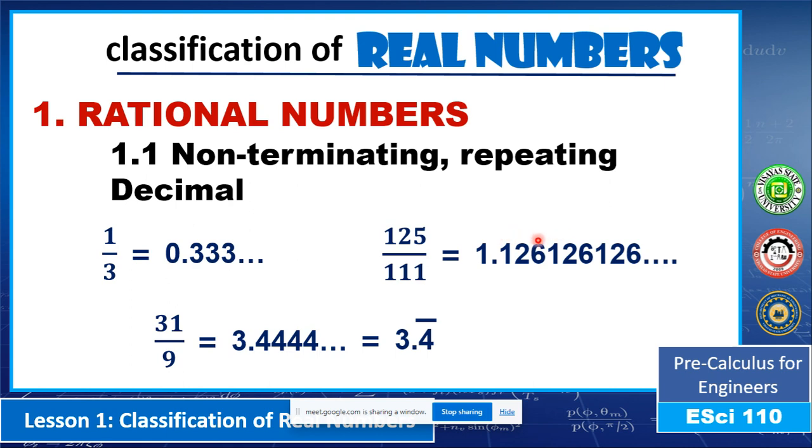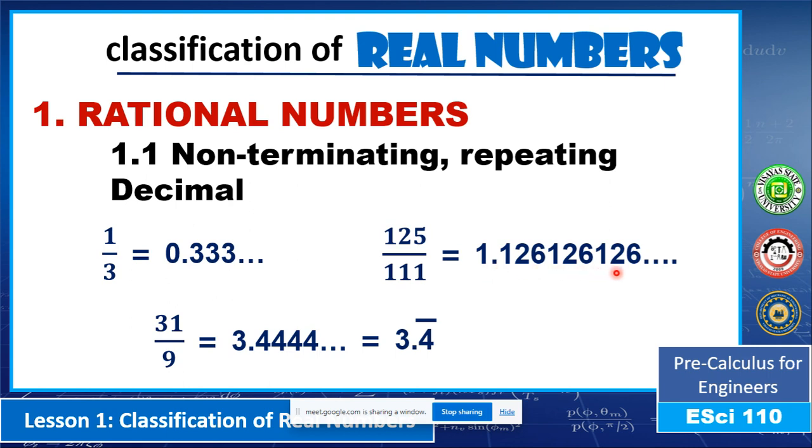So that's all. I will share with you how we are going to convert a non-terminating and repeating decimal into a fraction. Here, my example is from fraction to repeating decimal.